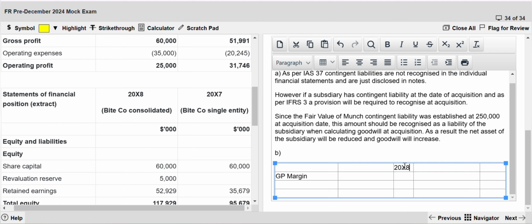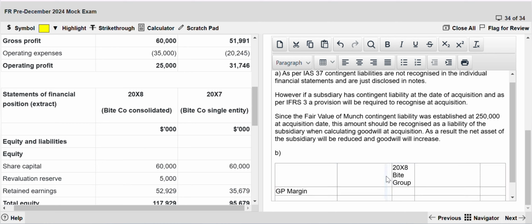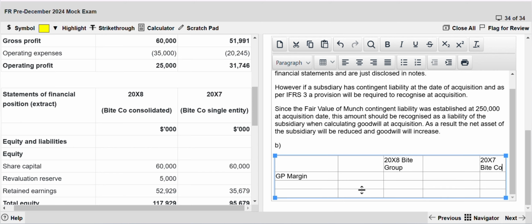So this is the 20X8 group, okay, and this will be 20X7. In 20X7 it was the individual company. I'm just writing the company, okay?